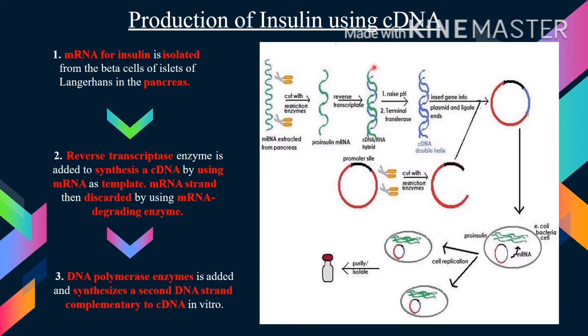So we will remove the green strand and then continue to the next step, which is adding the DNA polymerase enzyme to synthesize a second DNA strand complementary to the cDNA in vitro. So here we will have two blue strands that twist together to form a cDNA, or a double helix cDNA.